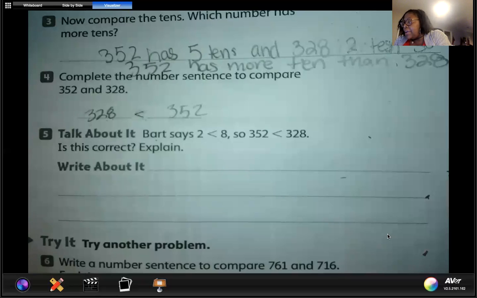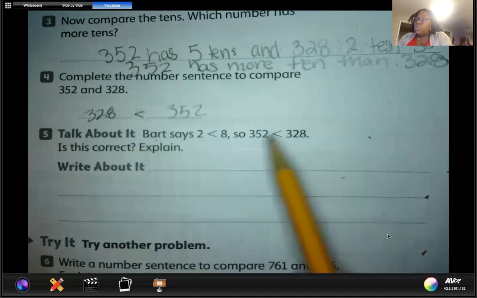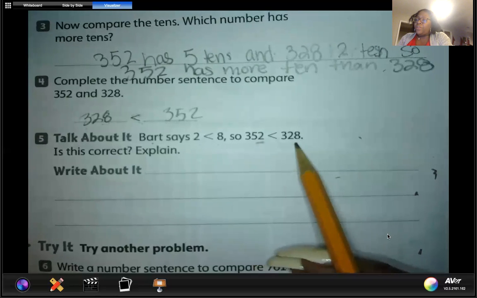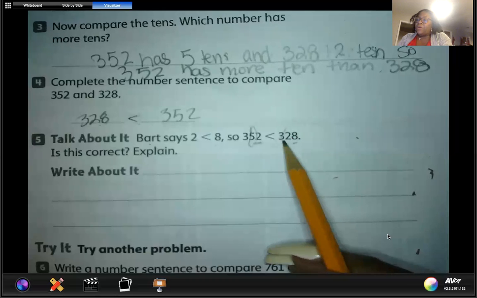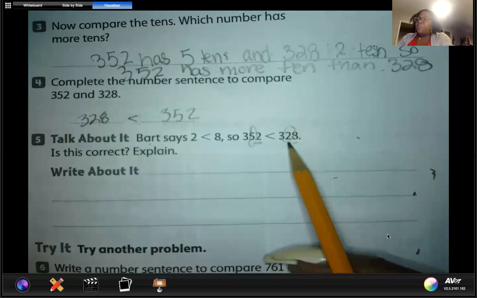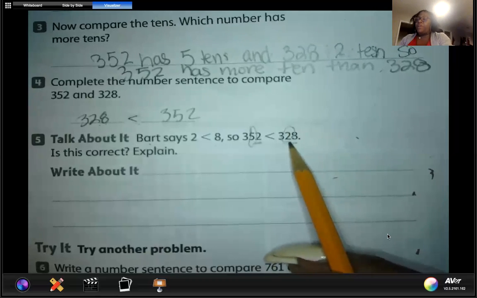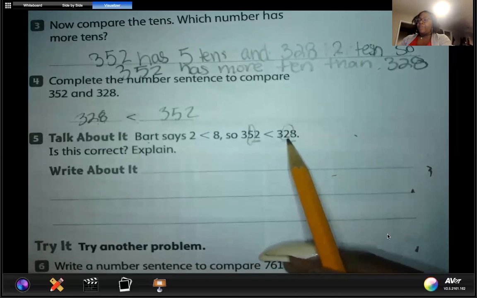So we see the 2 and the 8 are in what place? They're in the ones place. We always have to go from the highest place value on down to the smallest. So just because the 2 is smaller than the 8, the 5 is bigger than the 2.